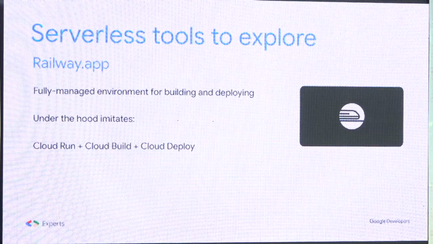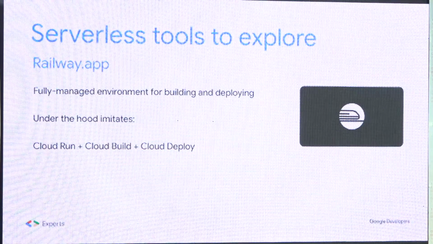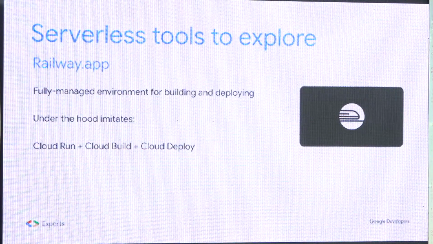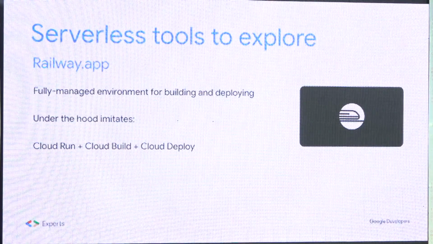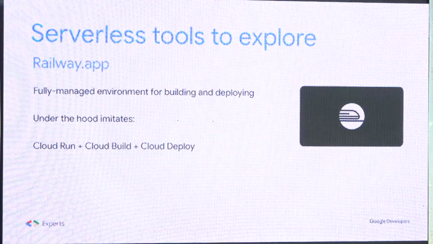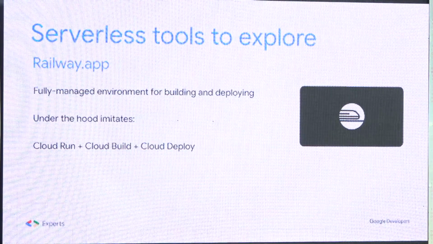And then there's railway.app. So in case you want a full environment with backend and database and everything else, you can always look at railway.app. So if you want to create a relational database, which is serverless, basically it means that you will not be charged for that database until and unless you hit a certain limit, right?